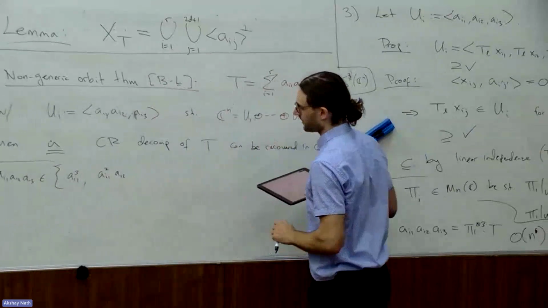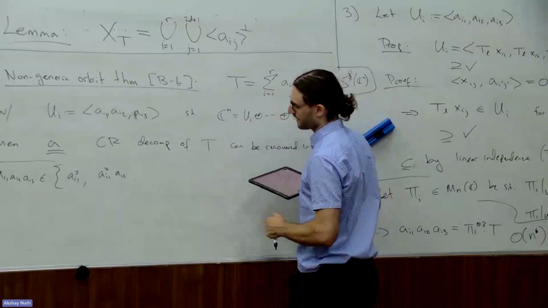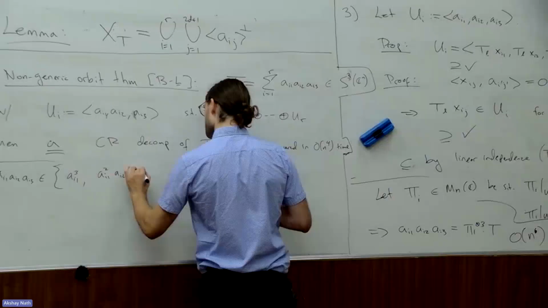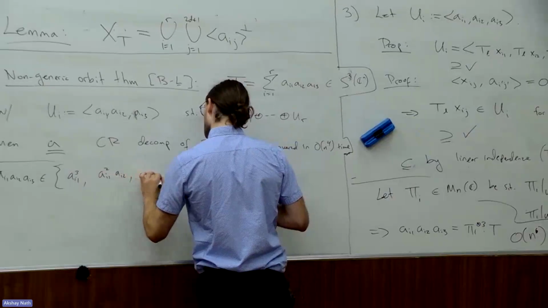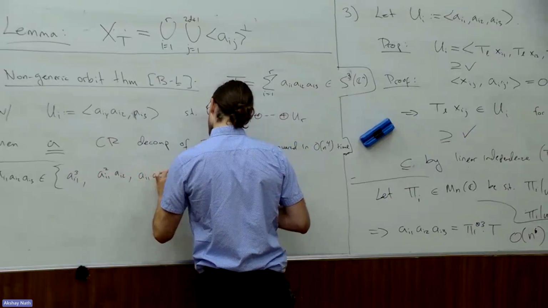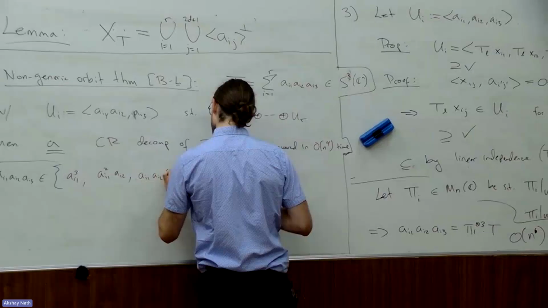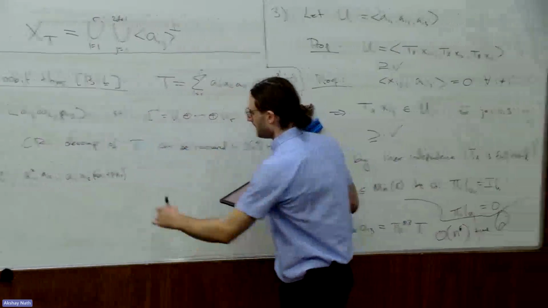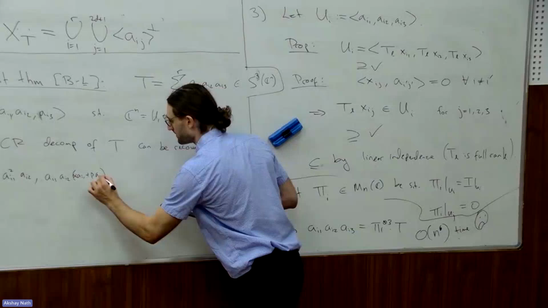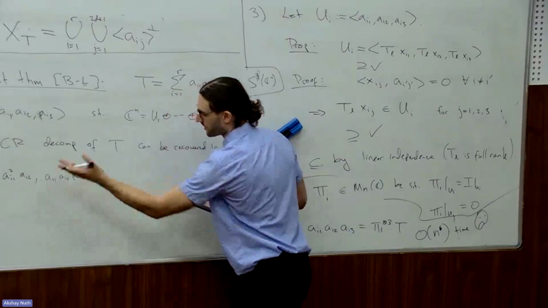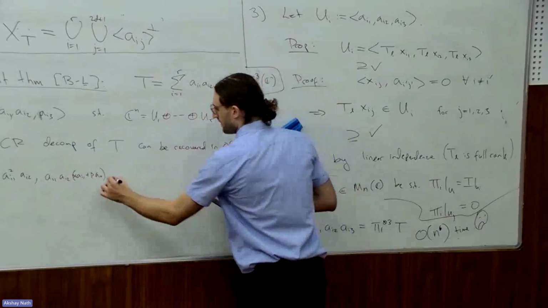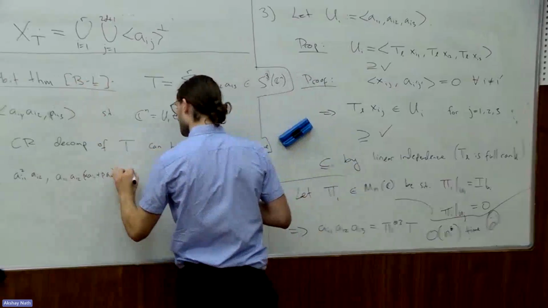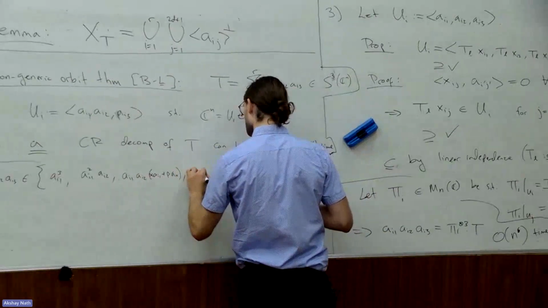It's possible AI1 and AI2 are equal, but AI3 is not equal. Or you could have AI1, AI2, and then AI3 as some linear combination alpha AI1 plus beta AI2. The third could be a linear combination of the first two, but none of them are equal. And then finally, you could have the case that we were considering before, where they're all linearly independent.